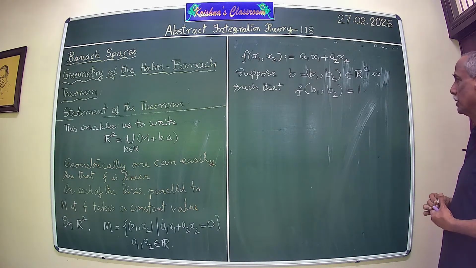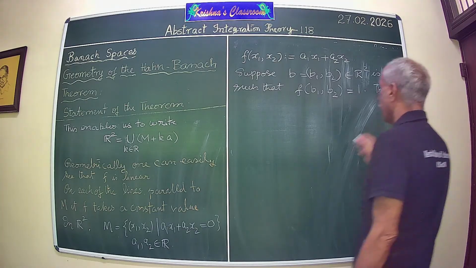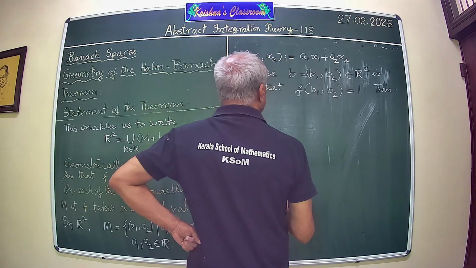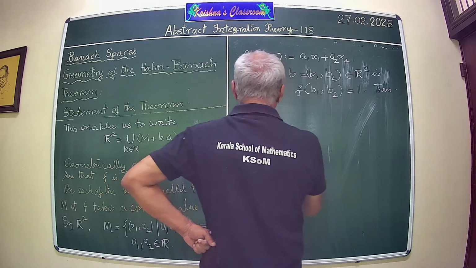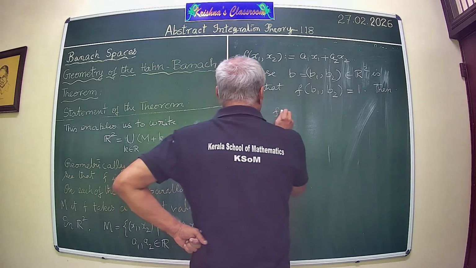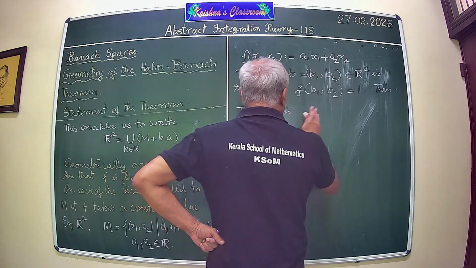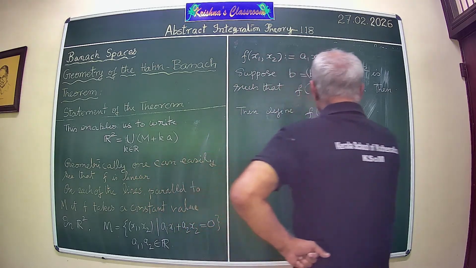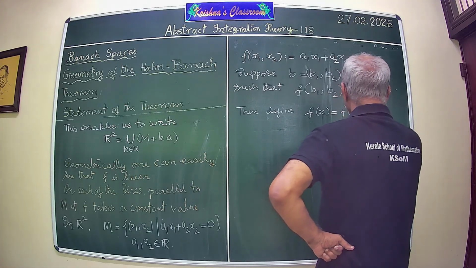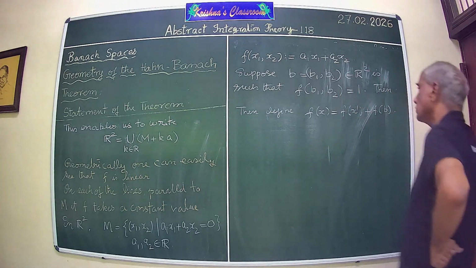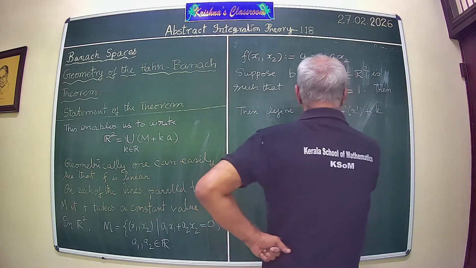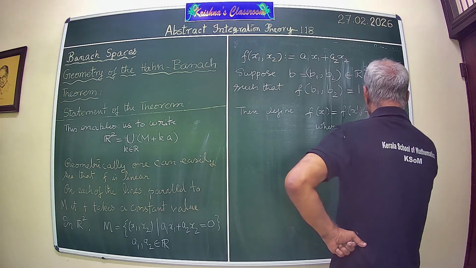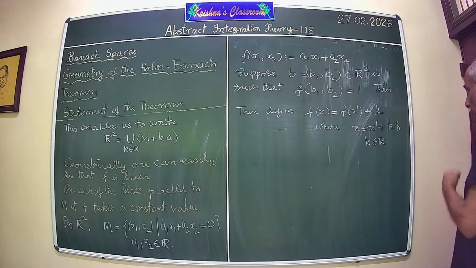There exists such a thing. Okay. Then f of KB equals K, where K belongs to R. K is a real number or a complex number.